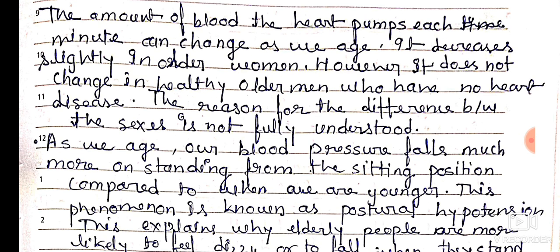The amount of blood the heart pumps each minute can change as we age. It decreases slightly in older women. However, it does not change in healthy older men who have no heart disease. The reason for the differences between the sexes is not fully understood.